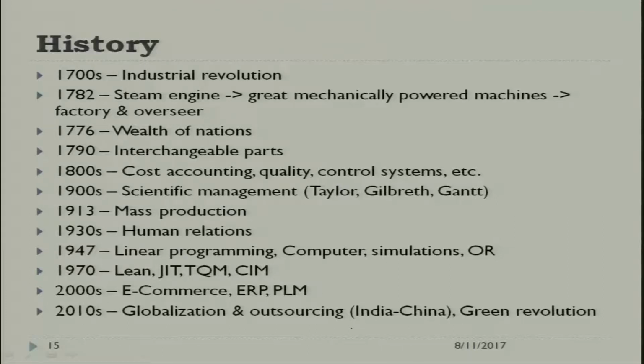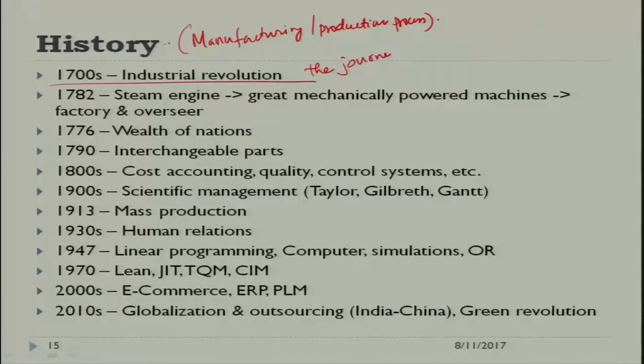Also, we need to take a little look at the history of the system, and this whole production process or manufacturing. It started in the 1700s with the industrial revolution. The journey begins here.